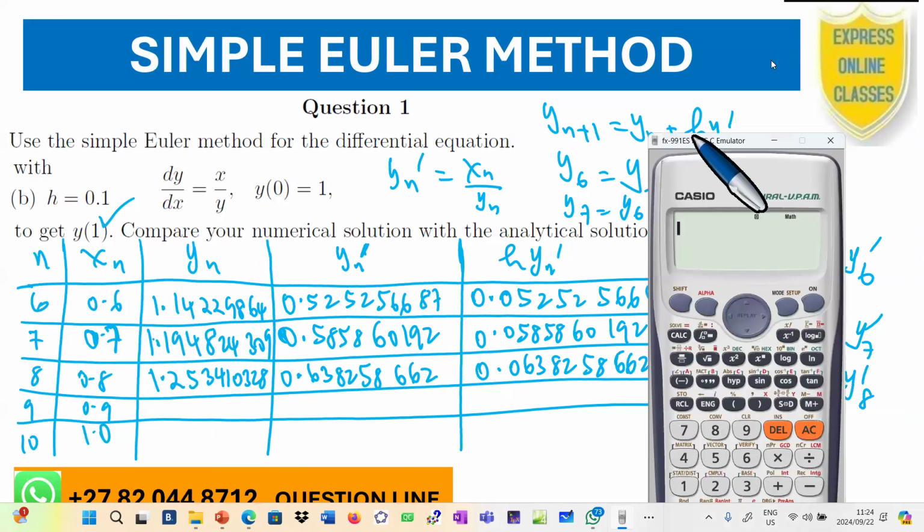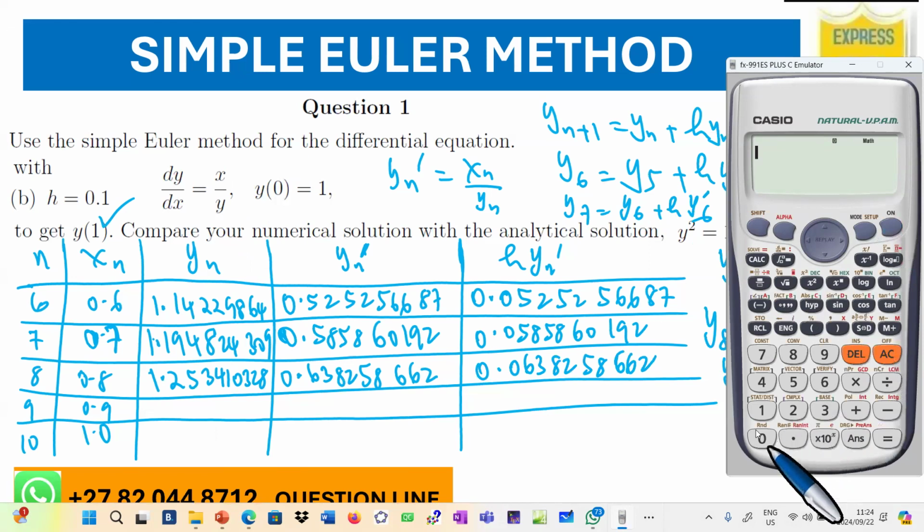Okay, so you're going to have y8, 1.253410328, plus 1.253410328, and then you add this one, 0.06382 58662.